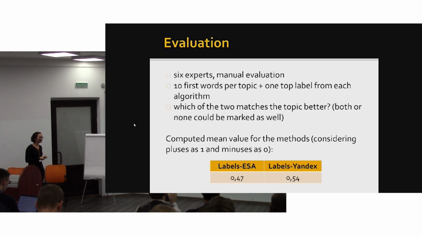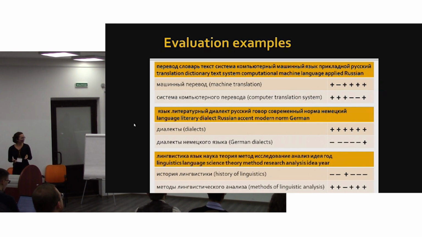Well, there is a problem with evaluating topic labels, but we decided to make use of experts and manual evaluation. Experts were given 10 words per topic and 2 labels, one from the ESA approach and the other from the Yandex approach. We asked them to assess which of the 2 matches the topic better, and it was also possible to mark both or none as relevant.